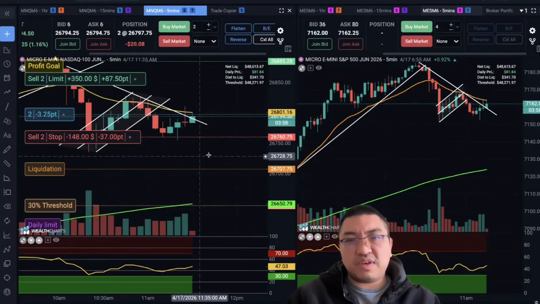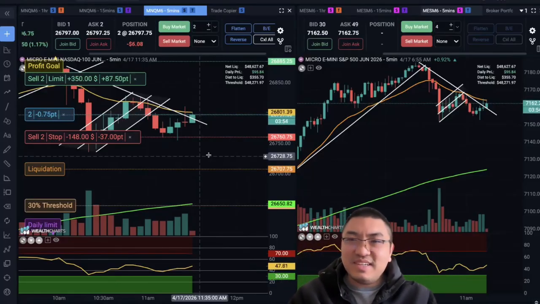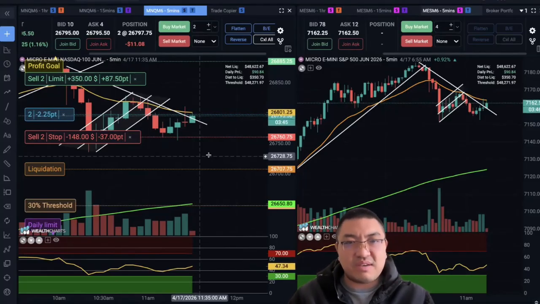Oh no, it gets defended by EMA 21 again. But yes, please remain above the trend line. Yeah. That way, you still have some hope.